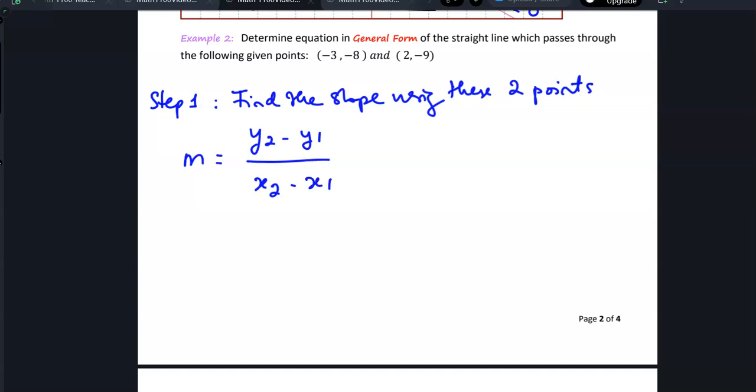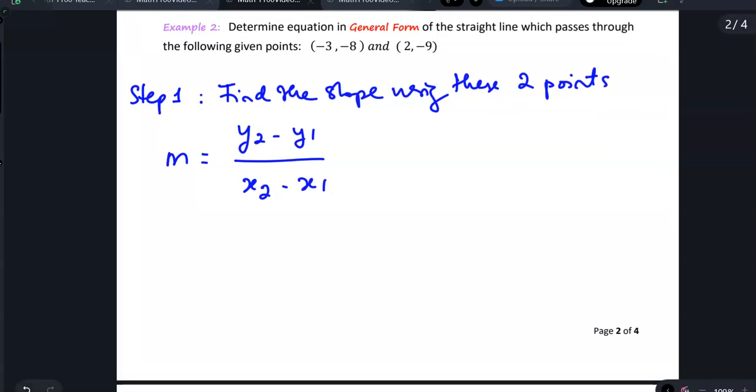So what you need to do is identify your y2, y1, x2, x1. Don't forget the pair appears like this, x and y. Always the x comes first and then the y second, representing a coordinate. The very first one I always identify as x1, y1, and here's my x2, y2.